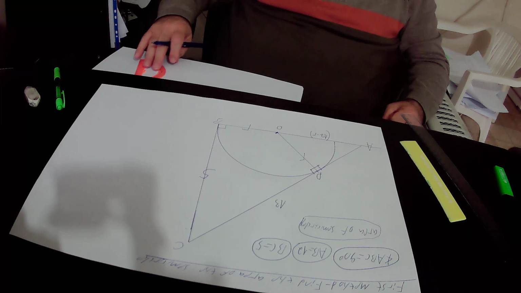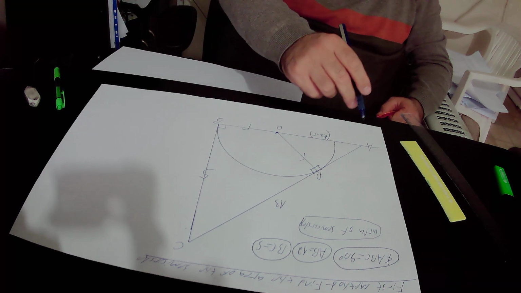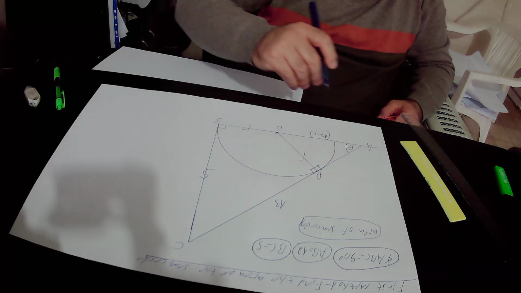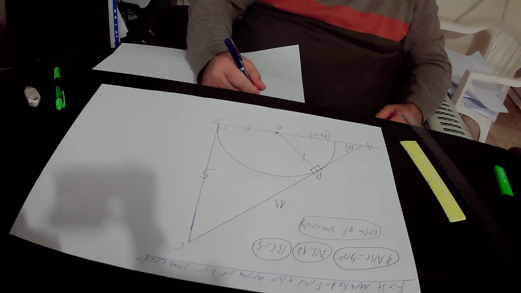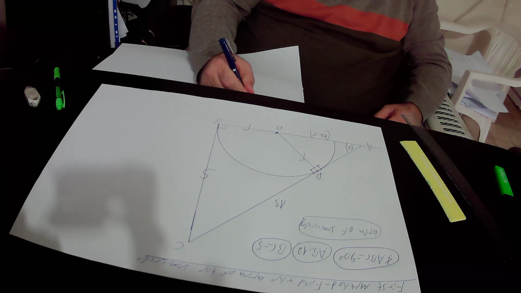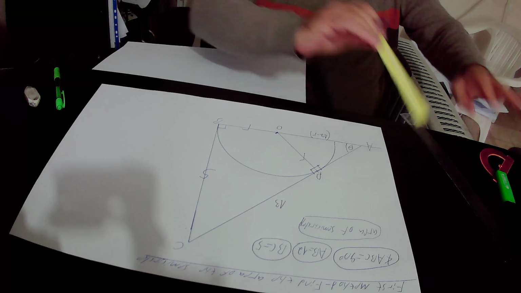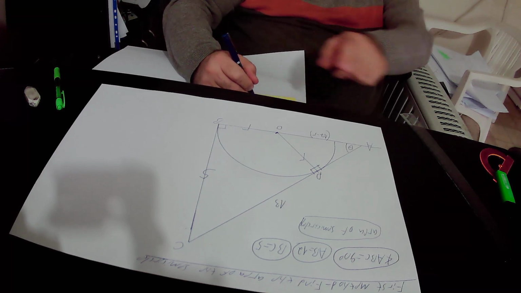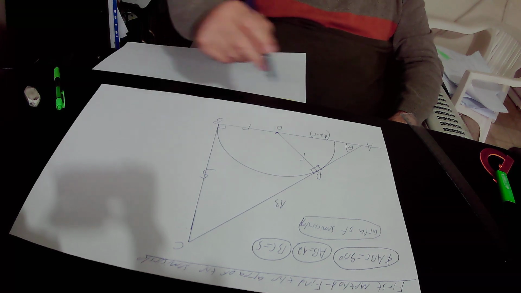If we focus on the right triangle ABC, we define angle BAC as theta. In the right triangle ABC, sine theta equals CB over AC.